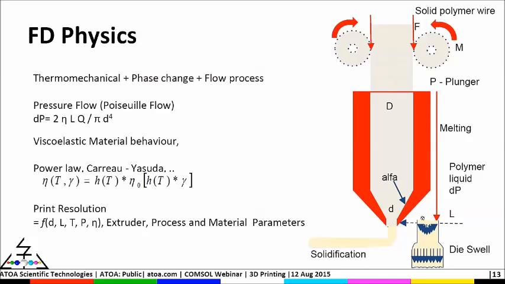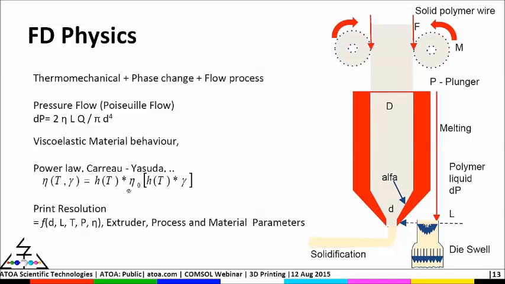Second, viscoelastic material behavior is the key physics involved in FDM. The viscosity is a function of temperature and shear rate, which in turn depends on the history of temperature and shear rate.